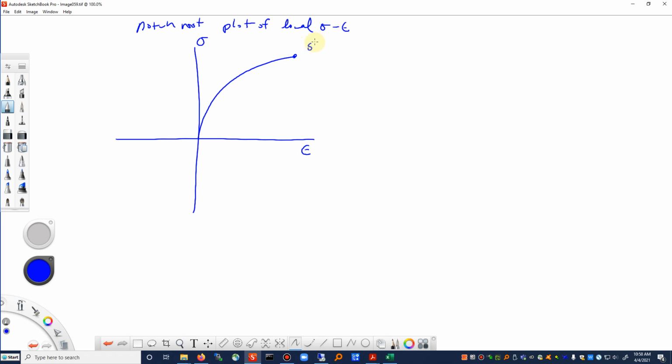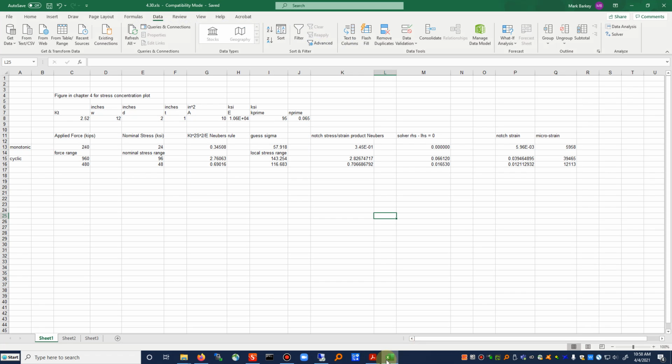So 57.9, and you know, usually you plot X and Y. I'm going to label this as my sigma and then my epsilon. In microstrain, 4 digits is probably pushing it, but we'll call it 5958 anyway.